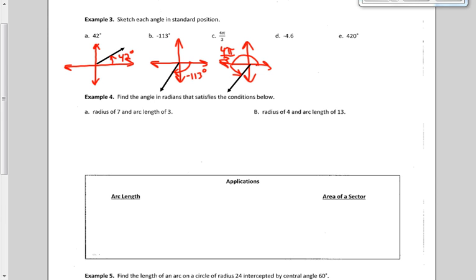And so when I think about making this graph, I want to think more about the decimal version than I do about the pies or the pies over 3s and pies over 6s, things like that. I want to think about how far I have to go in order to get to negative 4.6 radians. But I do know that I'm going in the negative direction, so that's good.